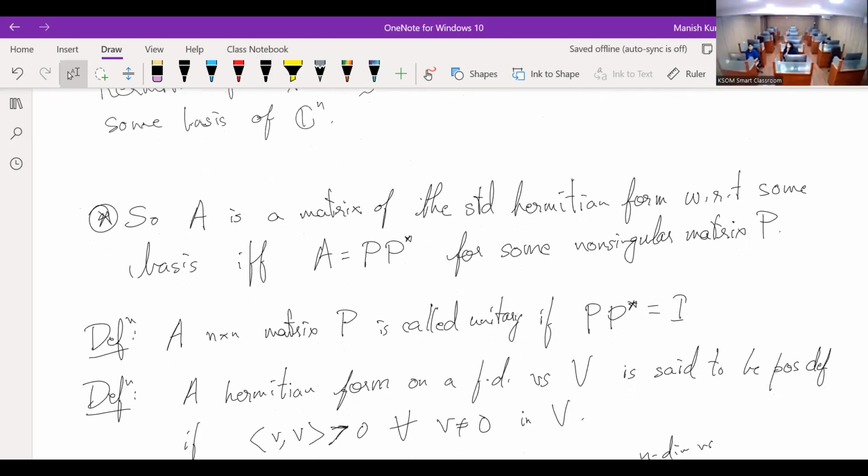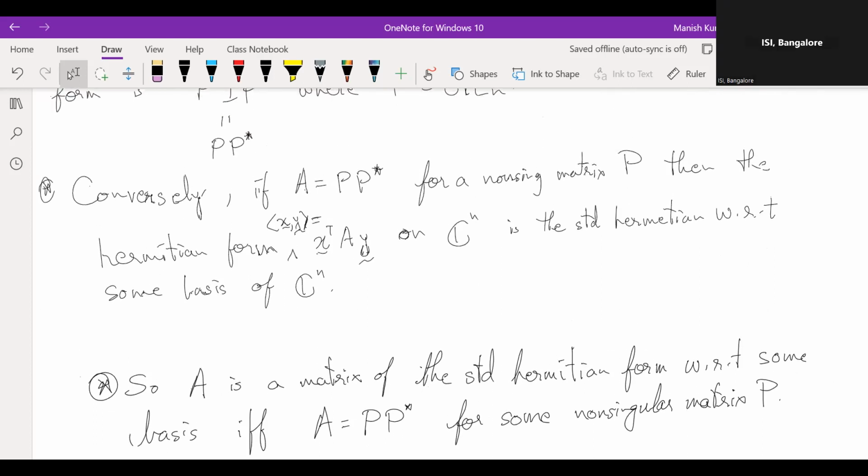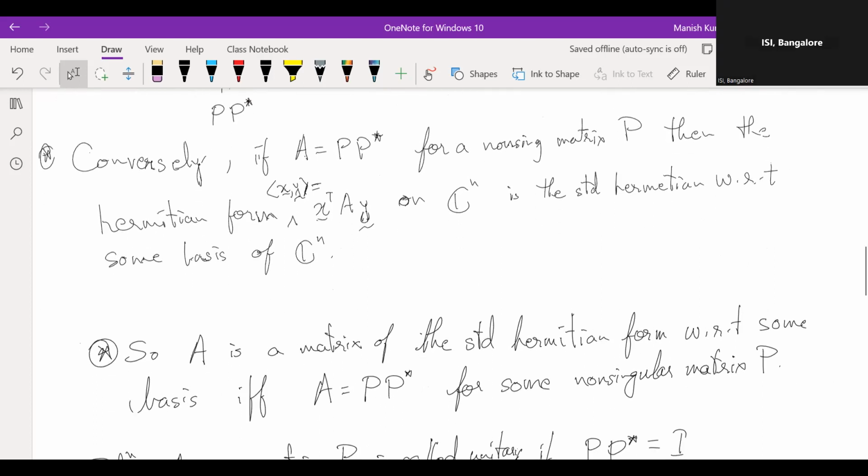For the result that we just saw, does V need to be equal to Cn, or would it hold for any complex vector space? The standard Hermitian form is defined only for Cn.